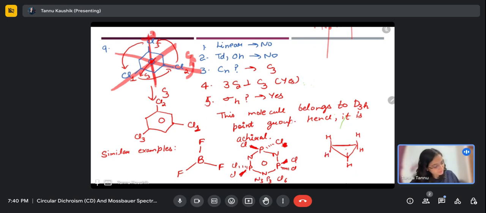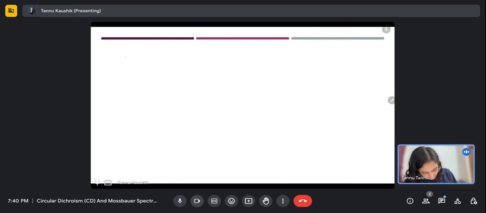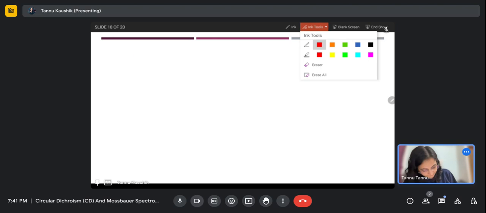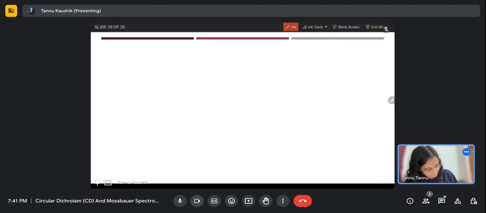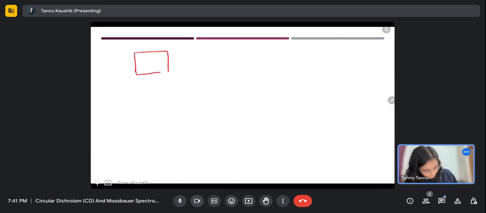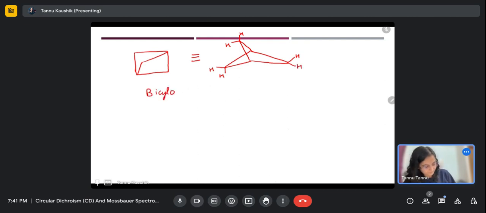So these molecules have D3H point group. Similarly, we have this bicyclo[1.1.1]pentane.